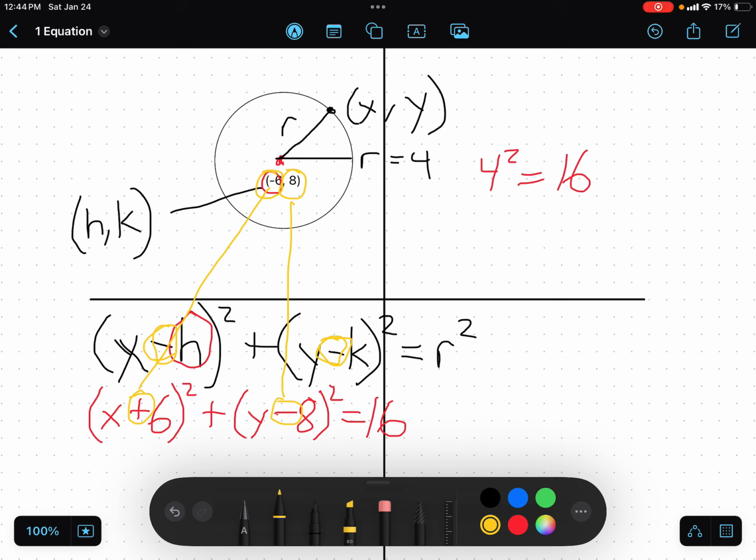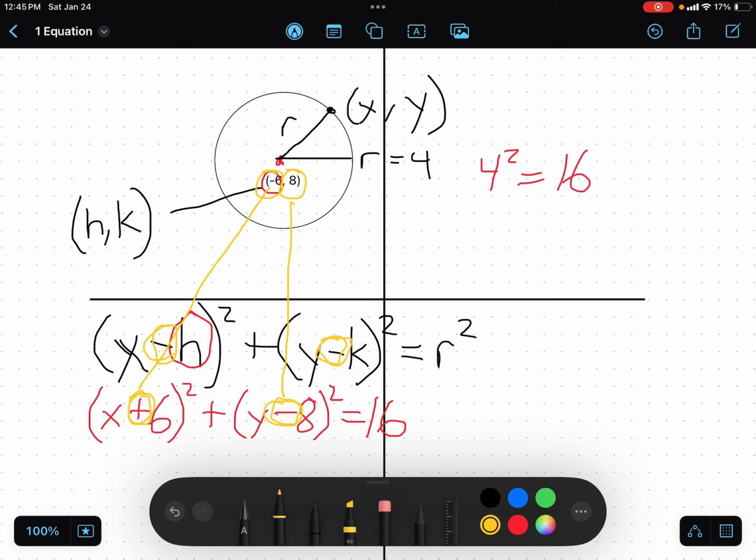So -6, 8 yielded x plus 6 and y minus 8. And that's just because those binomials that we are squaring are built on subtraction. So we just have to get used to the fact as we work with this equation that those signs are going to be the opposite of the signs of the ordered pair, if that makes any sense.